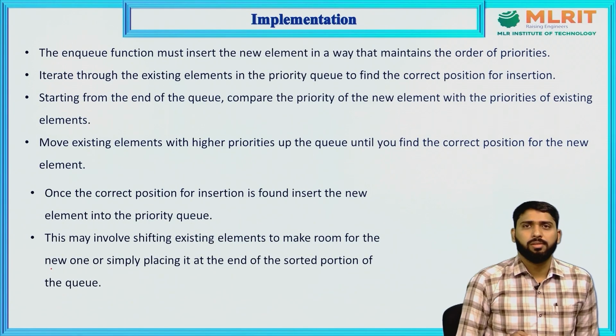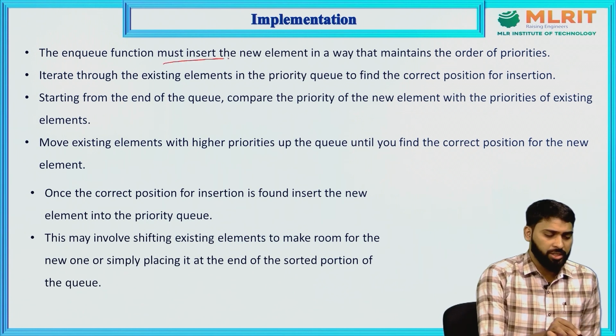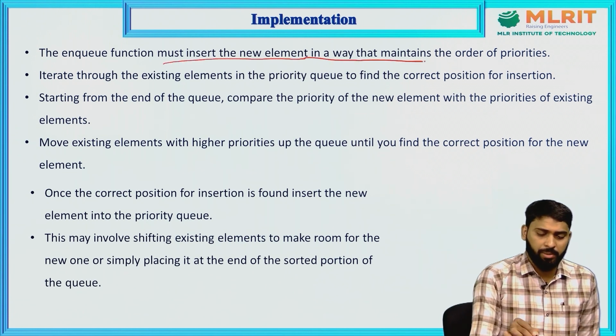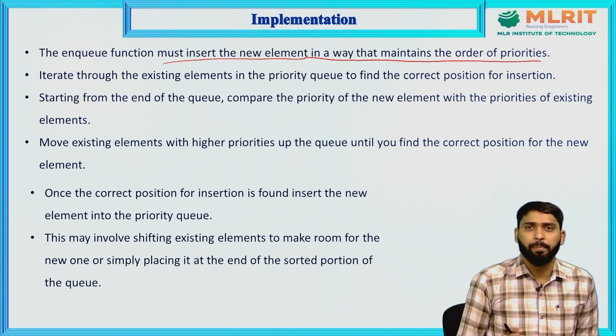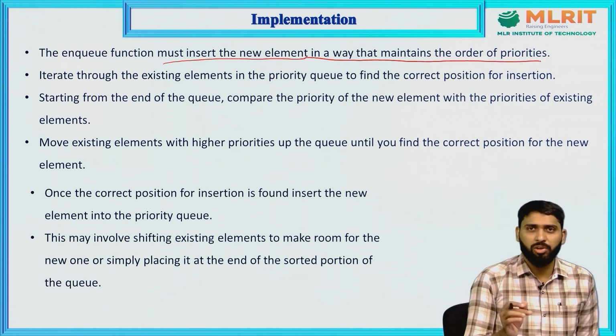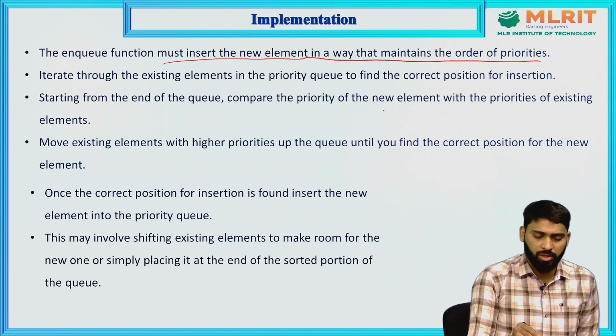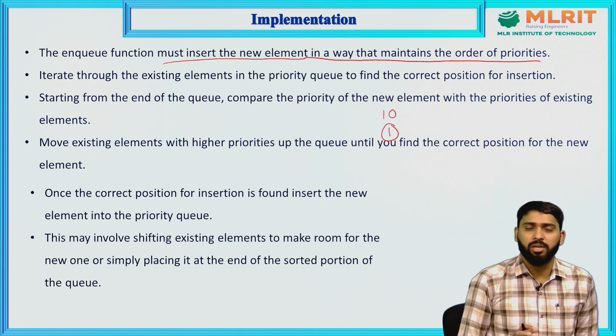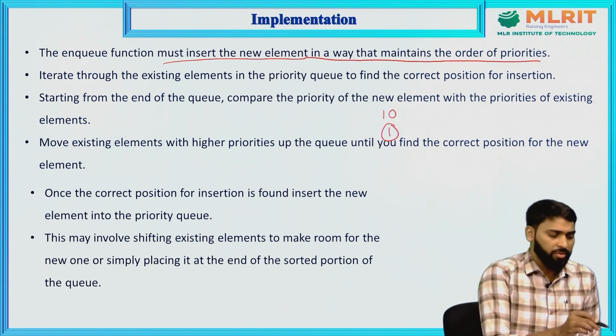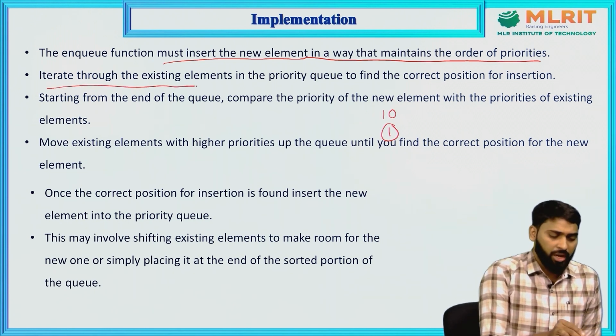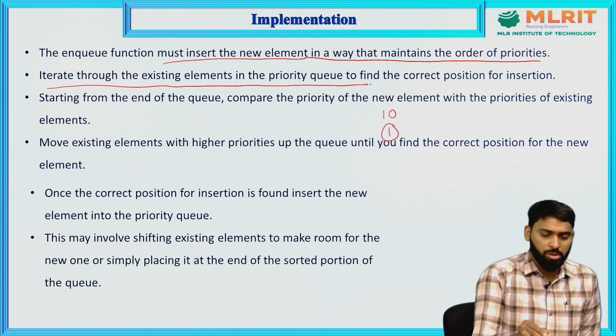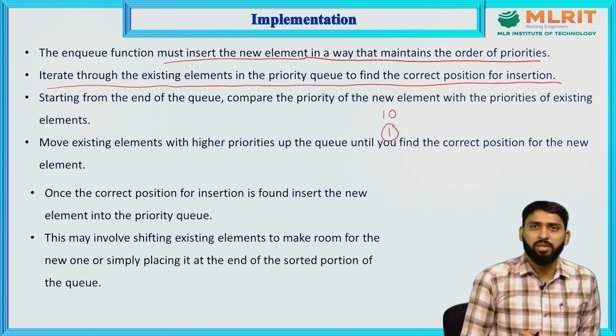Now, coming to the logic, the enqueue function must insert the new element in a way that maintains the order of priorities. If the newly encountered element has a higher priority, then it will be inserted in the appropriate place. Here we are going to iterate through the existing elements in the priority queue to find the correct position for insertion.